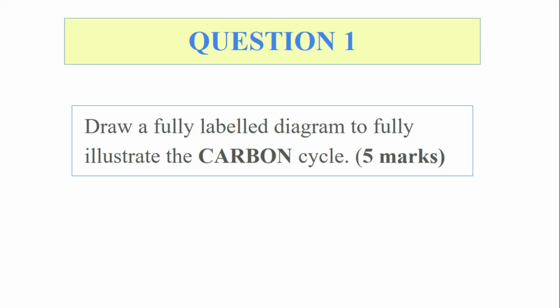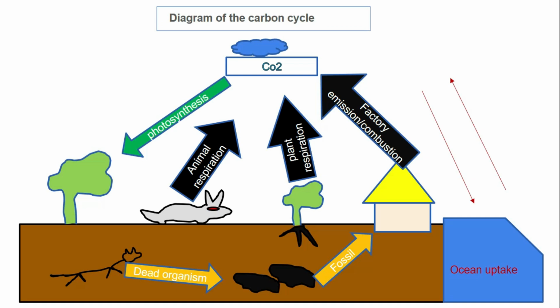Number 1 question says, draw a fully labeled diagram to fully illustrate the carbon cycle. And that's 5 marks. Now, the carbon cycle, as you can see here, carbon is an element that is part of CO2, which is carbon dioxide.